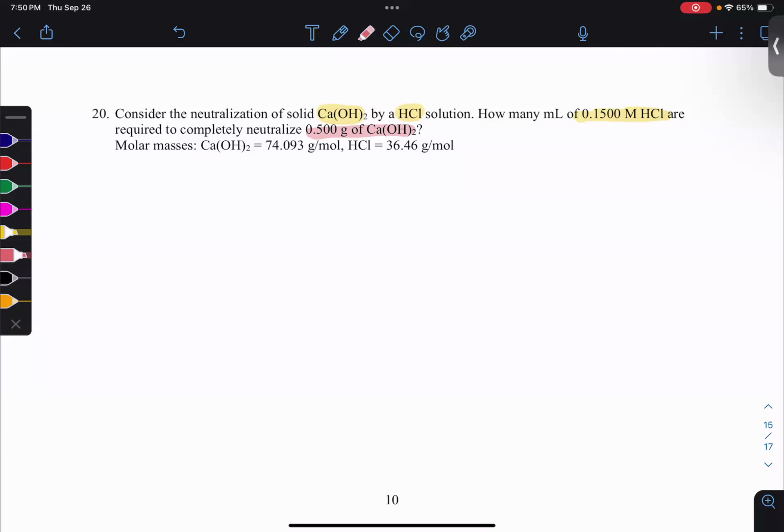It's a neutralization. We have a base reacting with an acid. Can you give me maybe a rough idea of what that base to acid ratio has to be in this balanced chemical reaction.